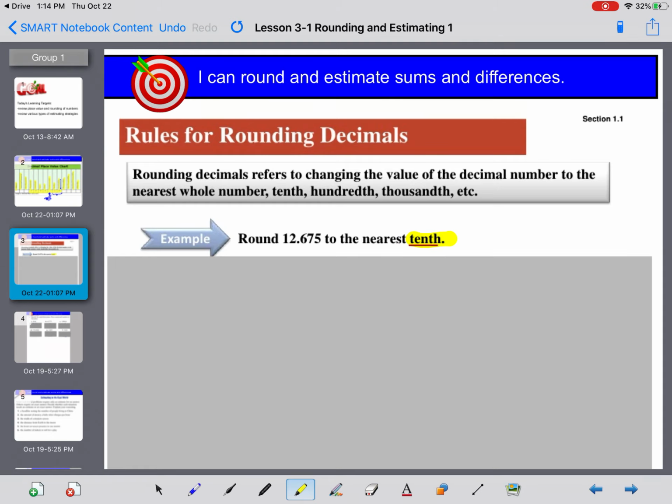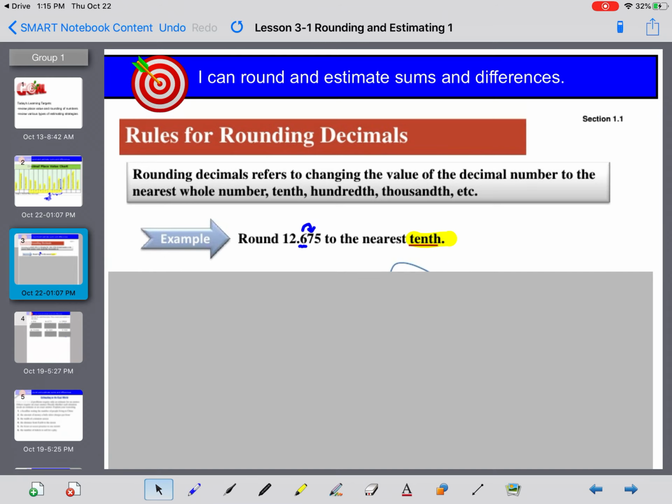In this case, the number in the tenths place is the 6. To round the 6, I look to the neighboring number to the right. That is the 7. If the 7 is 5 or bigger, I round my 6 up. If the number to the right is less than 5, I keep the number the same and change the remaining numbers to 0.